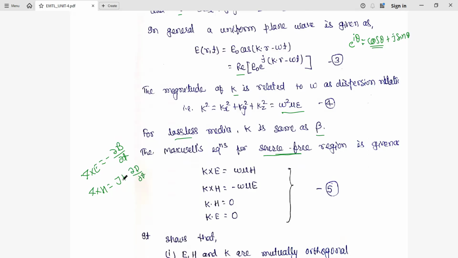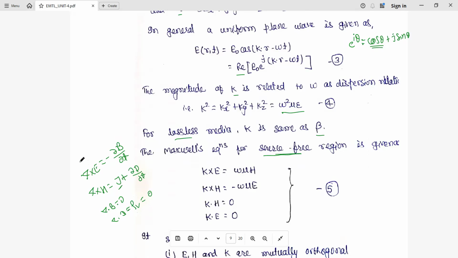Since it is the source free region, this J value is going to be 0, that is the conduction current density J. Earlier we also had del dot B equals 0 and del dot D equals rho V, and since this is the source free region, charge is also not available, so that is going to become 0.